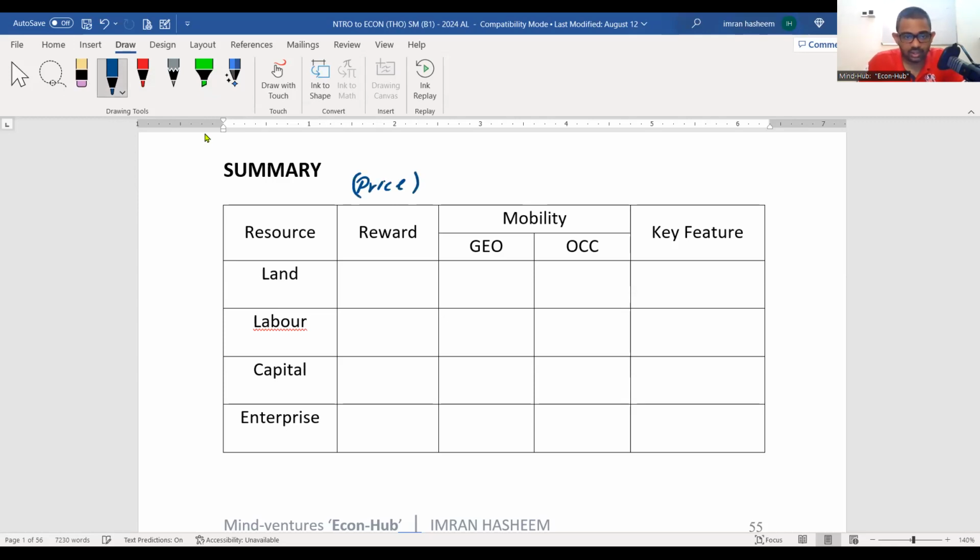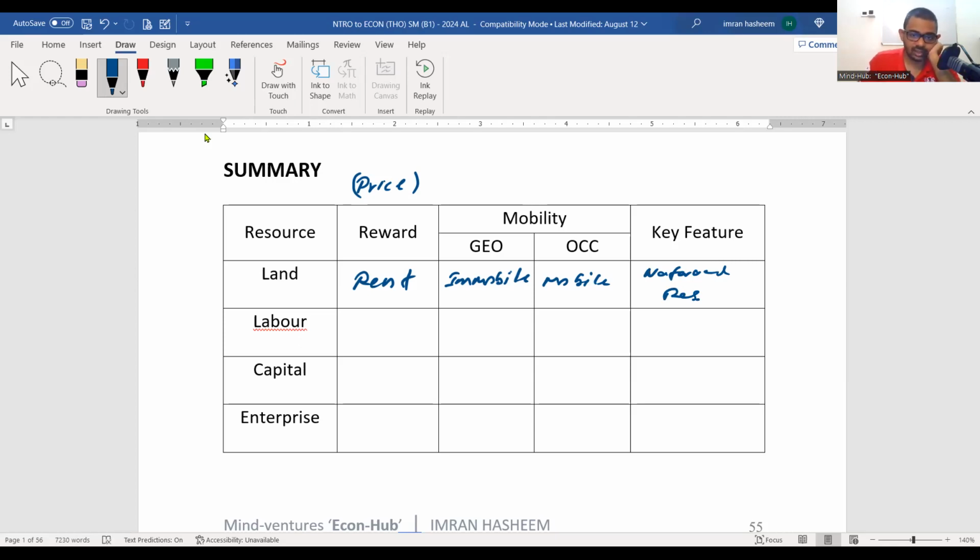Rent. Land is geographically immobile. Occupationally, generally mobile. Key feature: land is the natural resource.